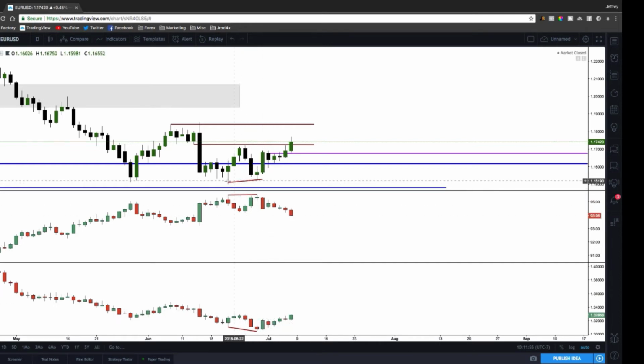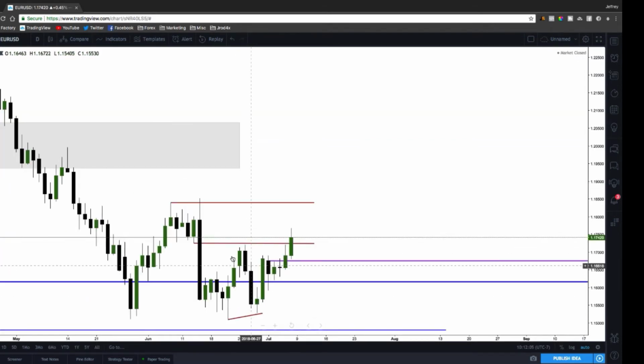But you can tell there's underlying strength in euro dollar, and this is why I will actually be focusing on euro dollar buys this week. And speaking of that, we are going to be targeting these relatively equal highs here on euro dollar. So the level that I'm going to be looking for is 1840.